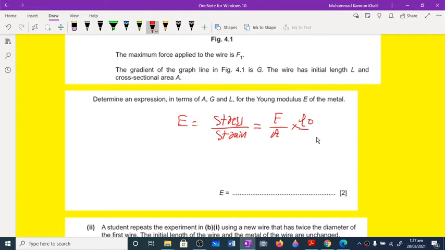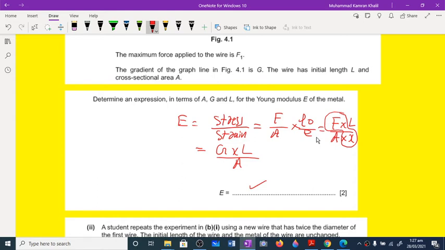But in this case, the extension is represented by x and the length is represented by L. So I will reform it according to the given values: F over A x. Now F over x is the gradient, so the answer is gradient into L over A.